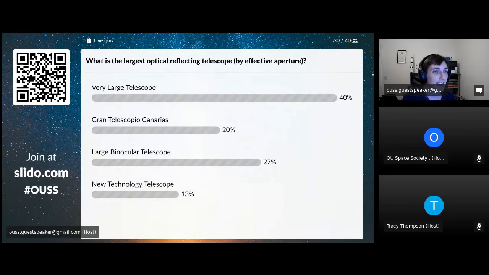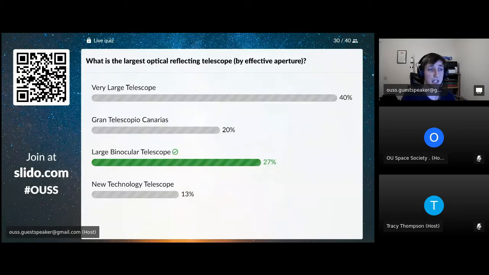Okay, so yes, a large proportion of you have fallen for my trick of putting the Very Large Telescope in there. In fact, the Very Large Telescope is not the largest optical reflecting telescope. It's actually the Large Binocular Telescope. This consists of two telescopes right next to each other that feed into one optical system to make a just over, I think, 11-meter effective aperture.